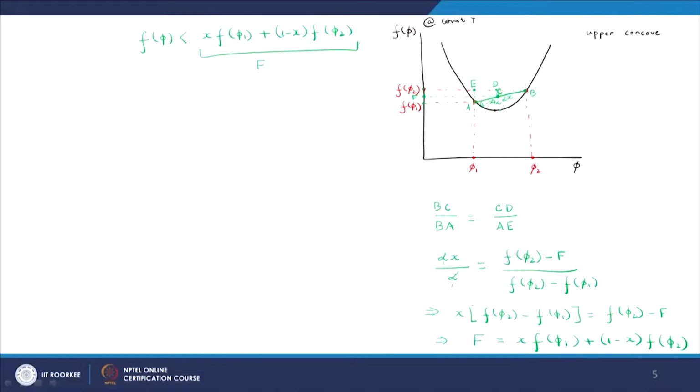So, it will lie somewhere in between, and this point is always lower than the point C. So, if I connect A and B, I get a line. The function value must be lower than that particular line because of the concave shape of the graph.